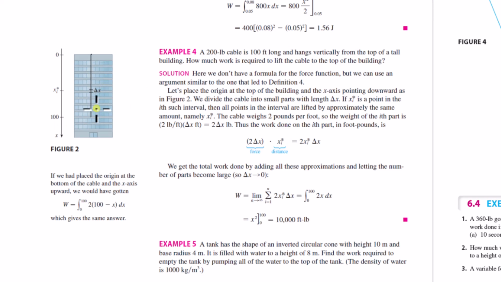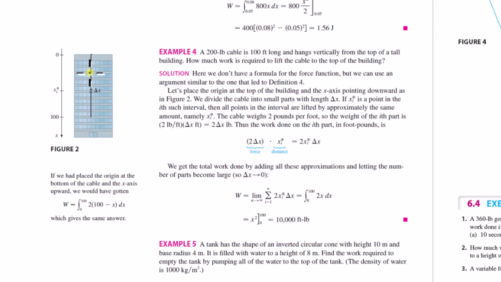So how could you figure this out? Well, if I could break this down into pieces, then I could get the answer. How could you break this down into pieces? Here's the 100-foot cable before you start pulling.